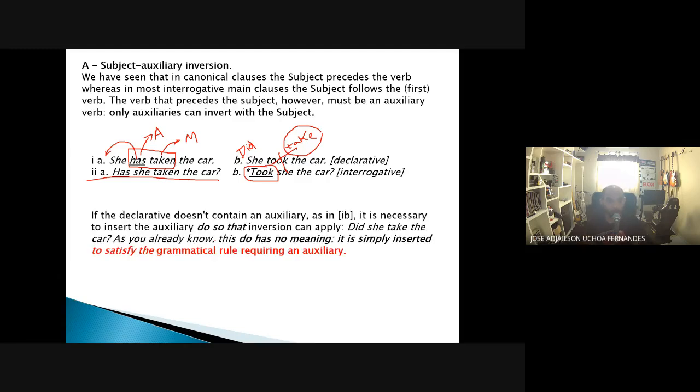If the declarative does not contain an auxiliary, as in 1b here, she took the car, it is necessary to insert the auxiliary do so that the inversion can apply. Did she take the car? is the result of this. As you already know, this do has no semantic meaning. It is simply inserted to satisfy the grammatical rule requiring an auxiliary.